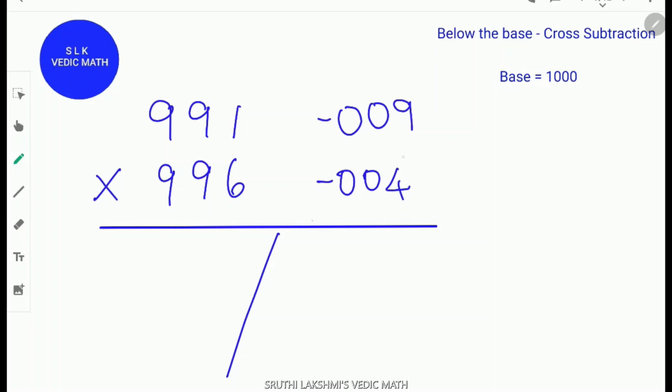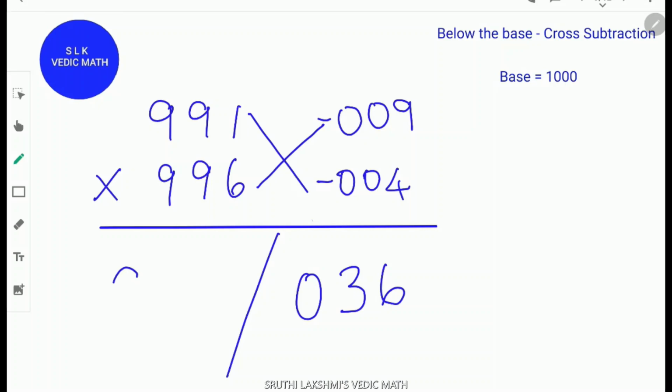Next, we multiply 9 times 4. 9 times 4 is 36. We put a 0 in front of 36 because the base 1000 has 3 zeros, so there are supposed to be 3 digits in the right-hand side. Either cross-subtract 991 minus 4 or 996 minus 9.